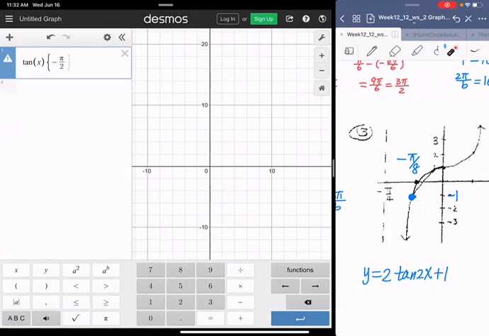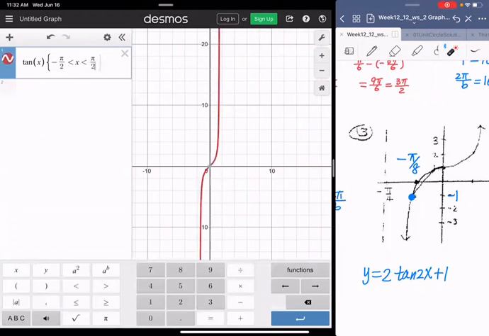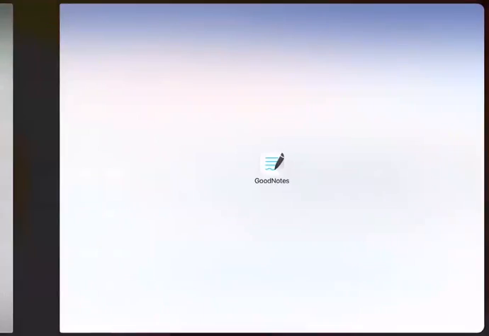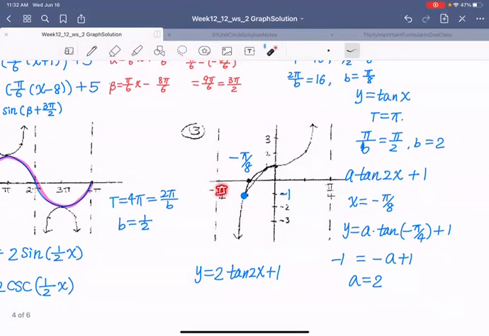So by using curly brackets, you can restrict it into just one period. Okay, so that's it. And then they changed it. The old bound is between negative pi over 2 and pi over 2. The new one becomes negative pi over 4 to pi over 4.